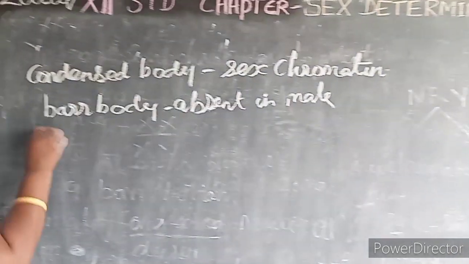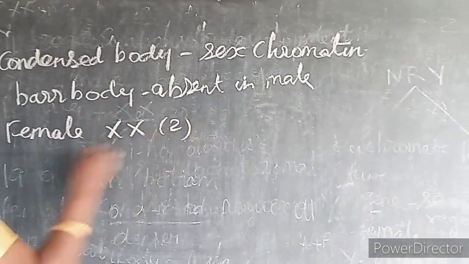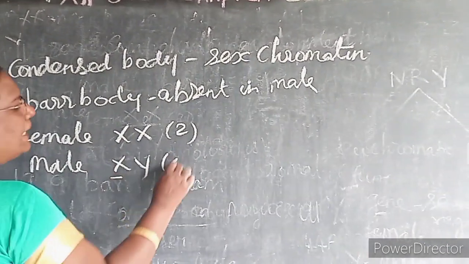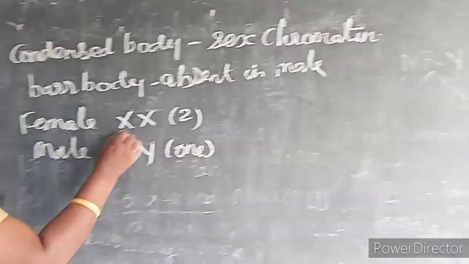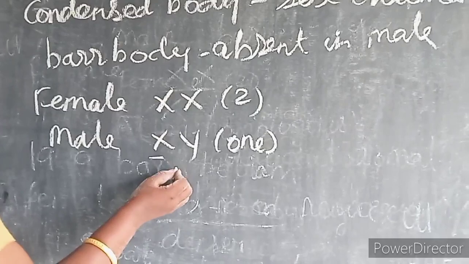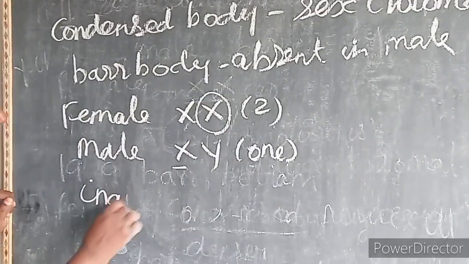In the female, how many chromosomes are there? 2 X chromosomes. In the male, only 1 X chromosome is present. So it will compensate, and one X chromosome becomes inactive.